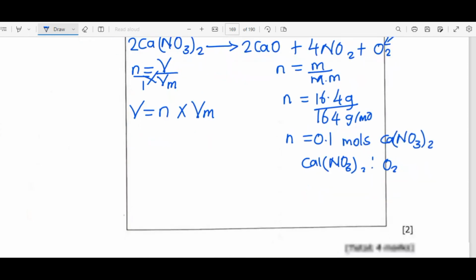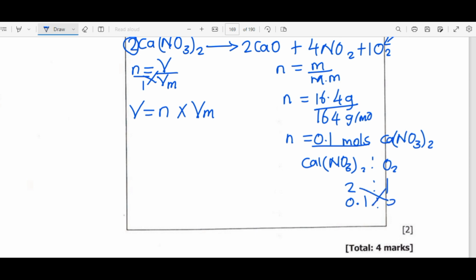Then I'm going to get the mole ratio for calcium nitrate. So the number in front is 2. I'm going to put where calcium nitrate is. Then the mole ratio for oxygen is 1. So I put 1 here. Then the number of moles that we have for calcium nitrate, I'm going to put where calcium nitrate is, so 0.1.